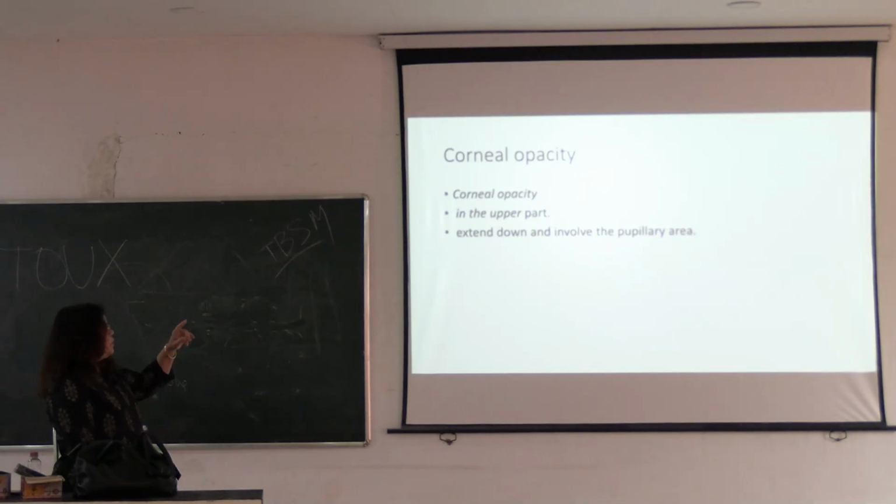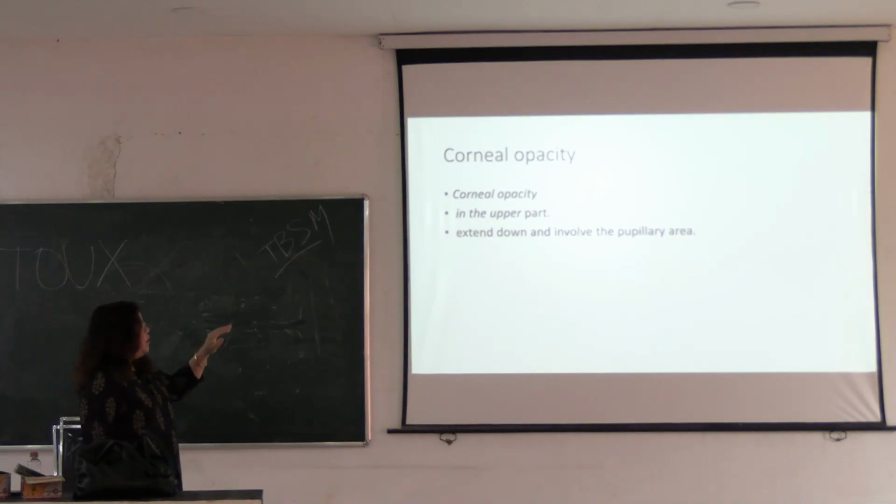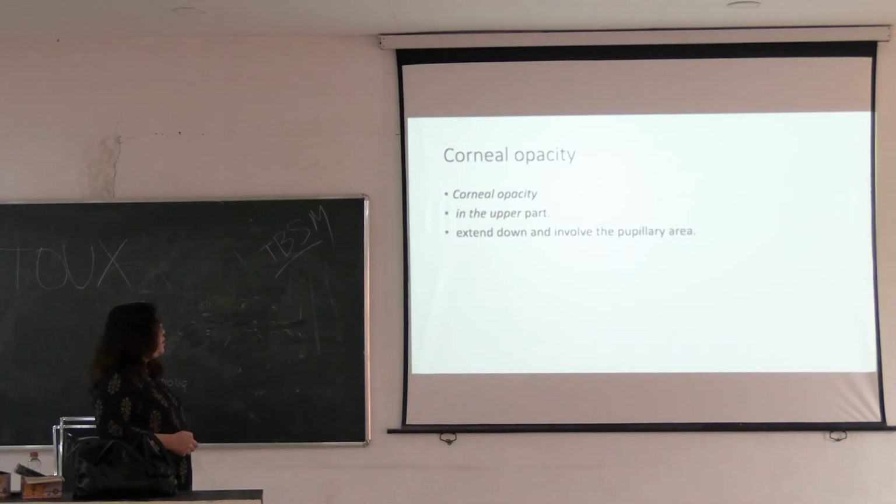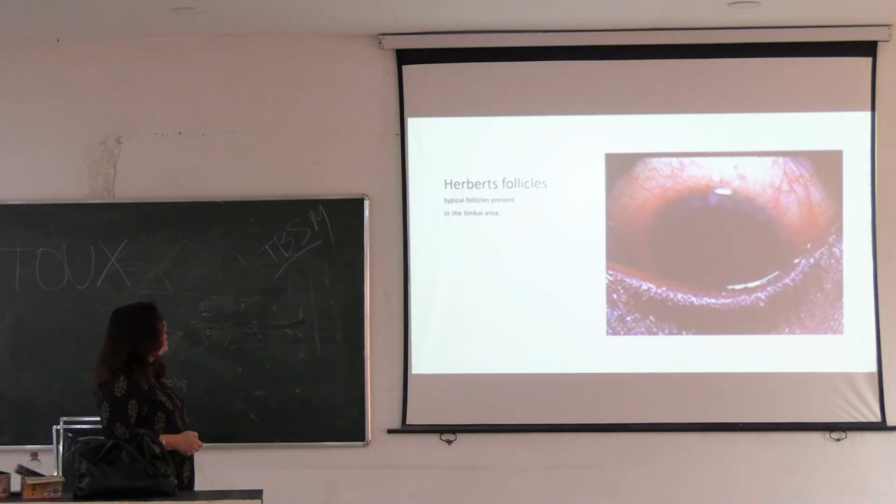Then corneal opacity. Corneal opacity may be present only in the upper part, but when it involves the pupillary part, it causes corneal opacity and blindness. Then Herbert's follicles. These are the Herbert's follicles.